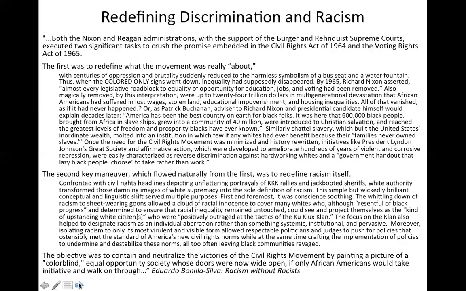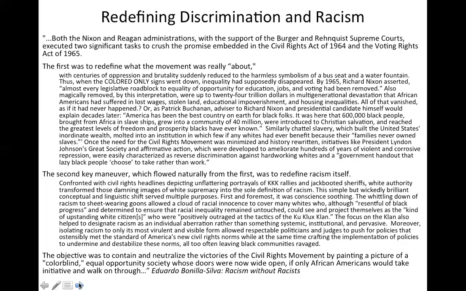So it's created this idea that racism and all the harm that was done by racism and slavery and Jim Crow and housing discrimination and redlining, that was a thing of the past, and everything's been fixed. So now any attempt to fix systemic racism is actually reverse racism. So Reagan particularly pushed this idea very hard.